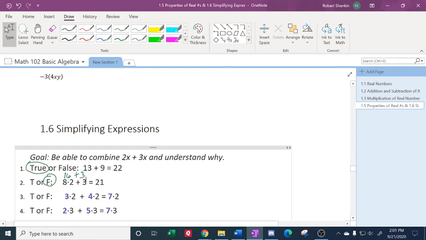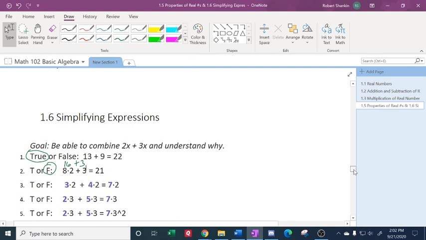Enter that into your group chat, T or F. And number 5, enter that into your group chat, true or false.